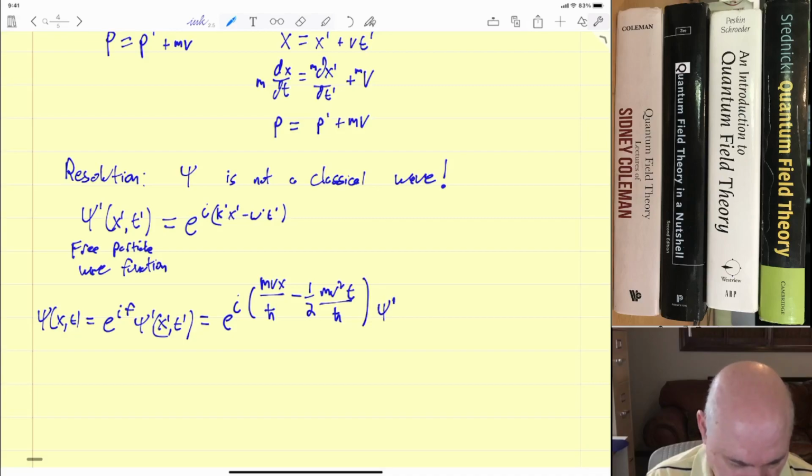Psi prime, and now x prime is just x minus vt. We'll substitute in that, and t prime is t.